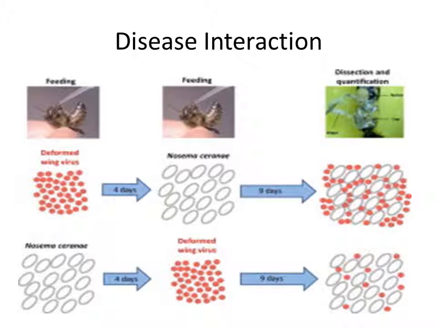But on the flip side, when Nosema was introduced and allowed to incubate for 4 days, and then deformed wing virus was introduced, Nosema seemed to inhibit and prevent the effectiveness of the deformed wing virus. It's uncertain exactly why that happens, but it still adds to the complexity of this whole situation.